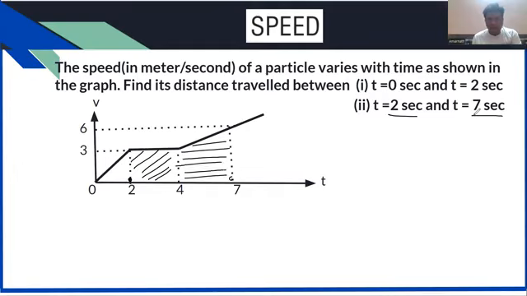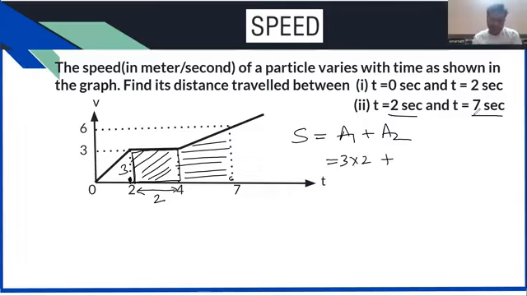The total distance is area 1 plus area 2. Area 1 is simply a rectangle, so its breadth is 2 and height is 3, so 3 into 2.